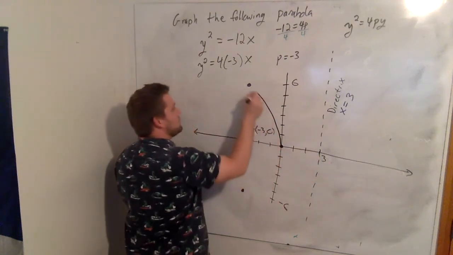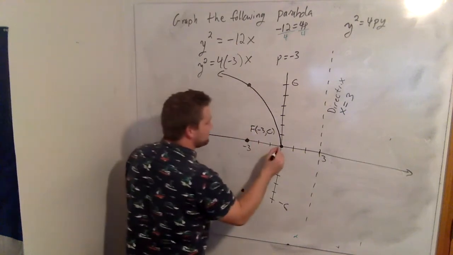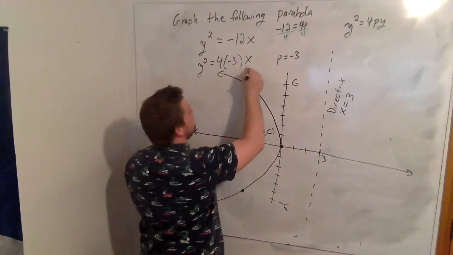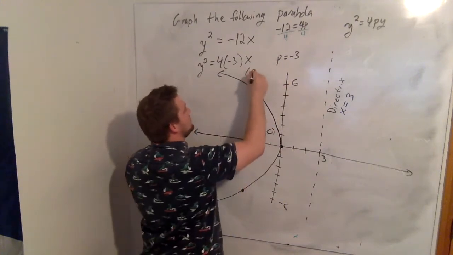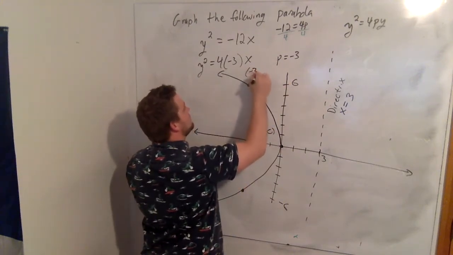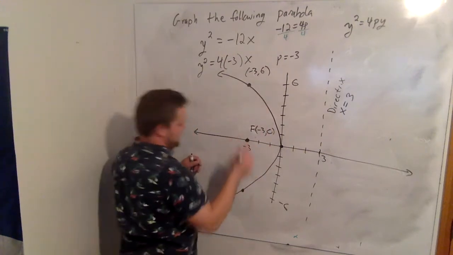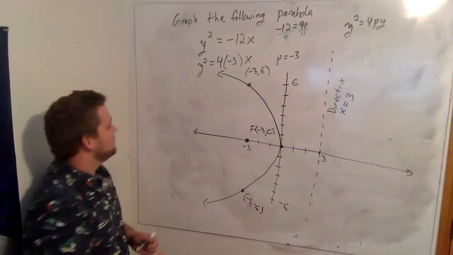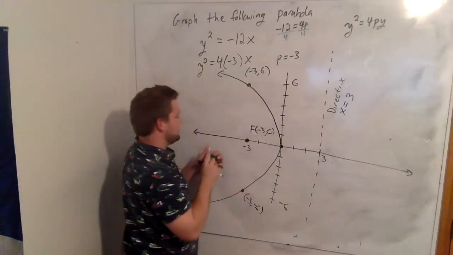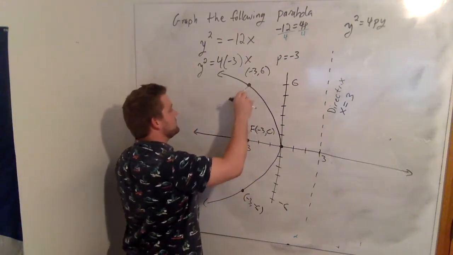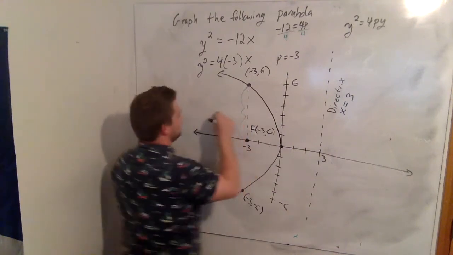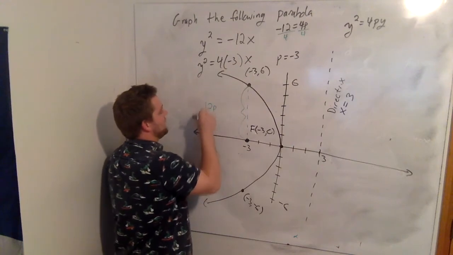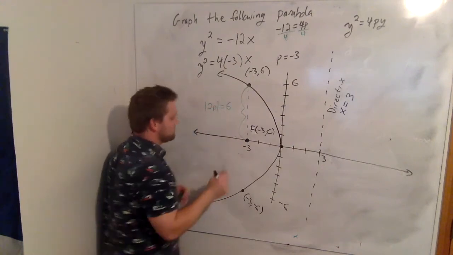So now we have our parabola. Let's label these points. This point here is (-3, 6), and this point here is (-3, -6). It's good to note that this distance here is 2p, or I should say the absolute value of it, which will be 6.